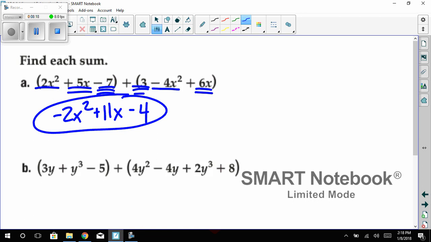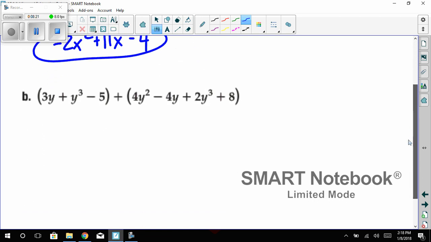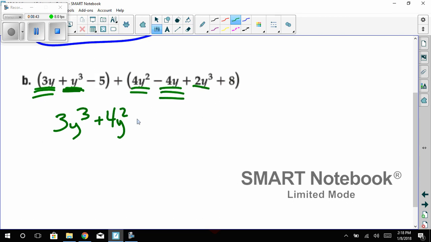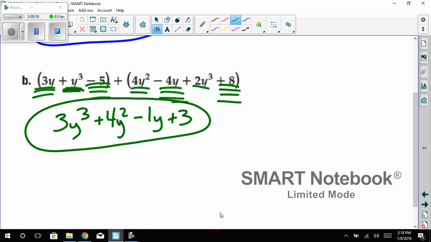Pause it here, and then turn it back on, and the answer will be there. Again, make sure it's in standard form when you are done.